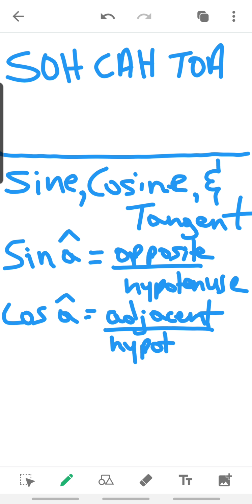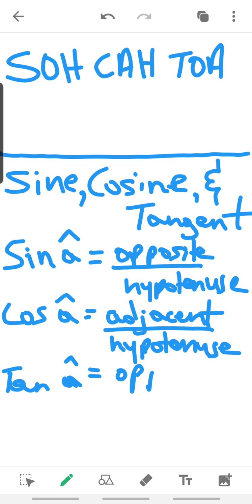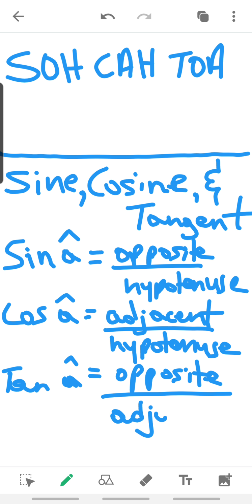And these are some math formulas that you have to know. And then finally our tangent of angle A, and angle A is just simply any angle that is given to us. So tangent of angle A is simply equal to opposite over adjacent, okay? So tan angle A is equal to opposite over adjacent, okay?